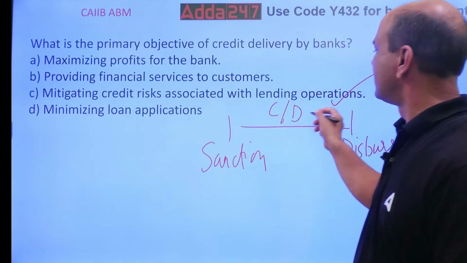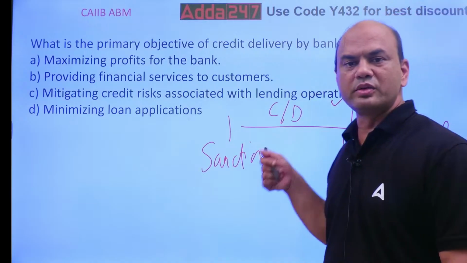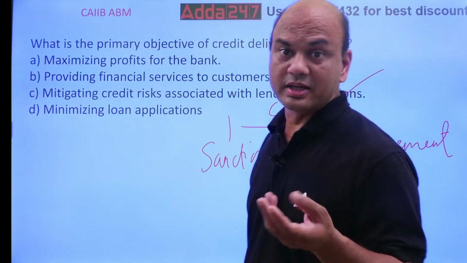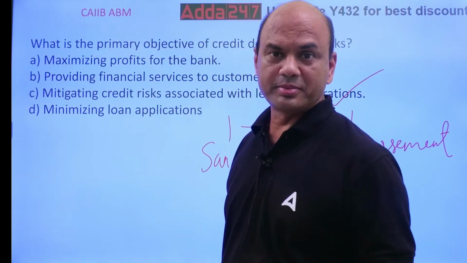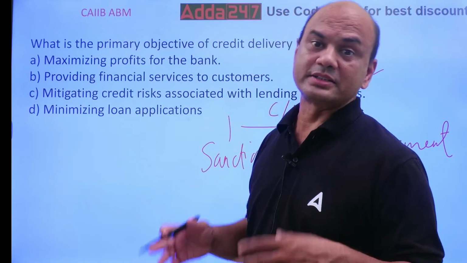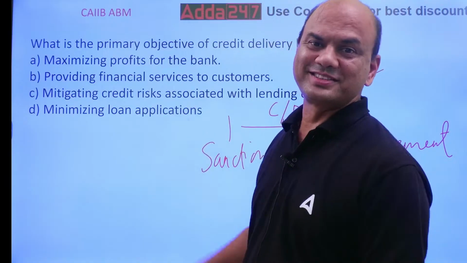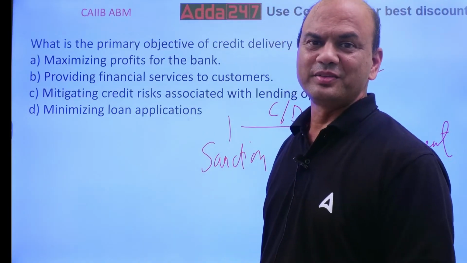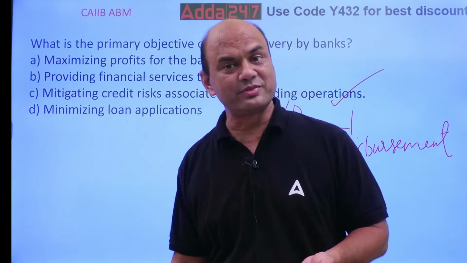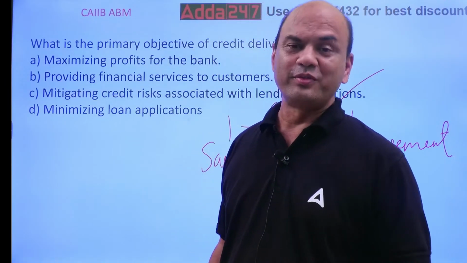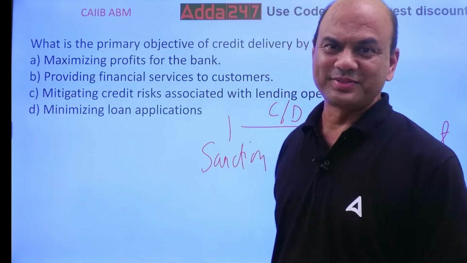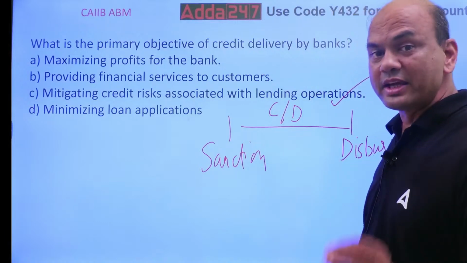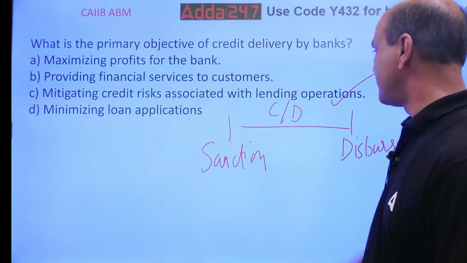What do you include in this? You include all the documents, legal documents, stamp papers, collateral, charge creation. All these are the parts of this. We take the mortgages, the promissory notes, the loan agreements. This is the part of credit delivery. Legal documentation. Got it?